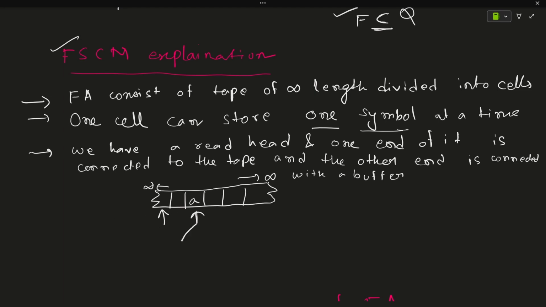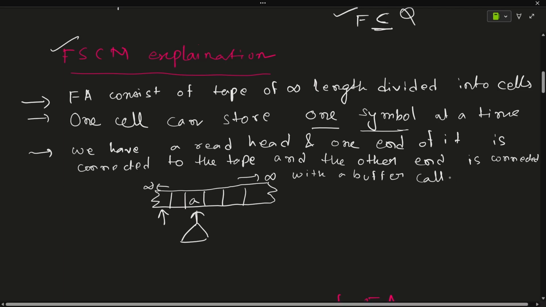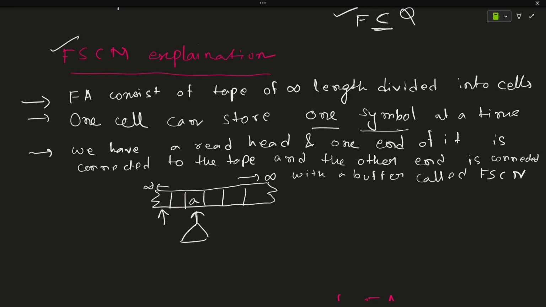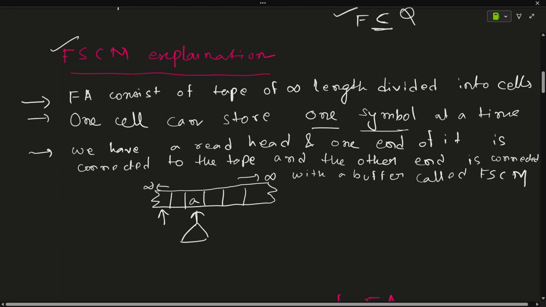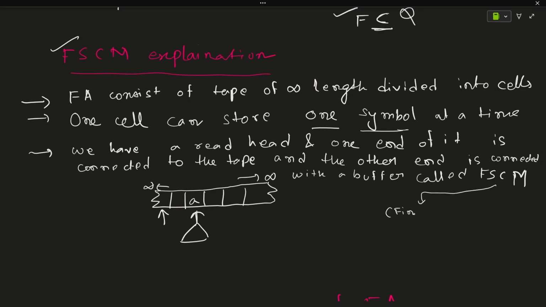This is the buffer, and this buffer is called the FSCM. What is FSCM? Finite state control mechanism.